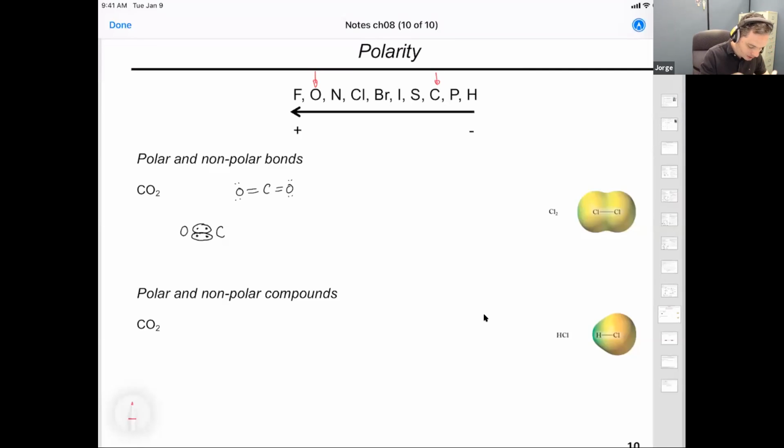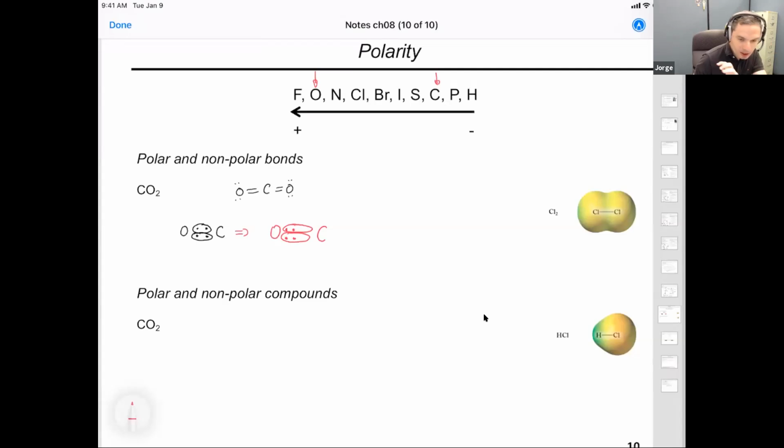So in reality, if we could take a picture of this chemical bond, we would see the pair of electrons much, much closer to the oxygen compared to the carbon, okay? So oxygen pulls this pair of electrons very close to itself. That creates polarity, okay?